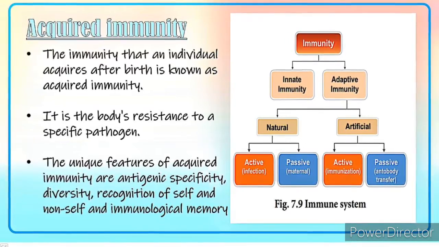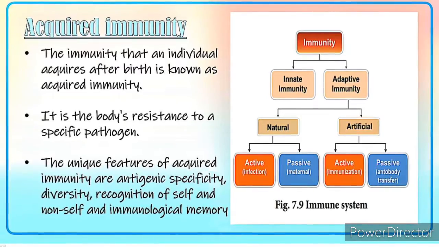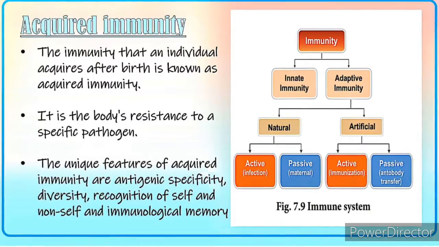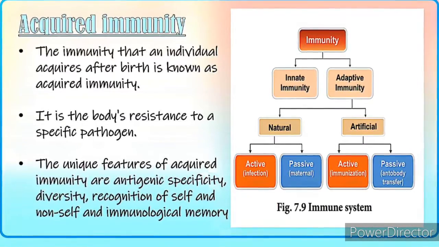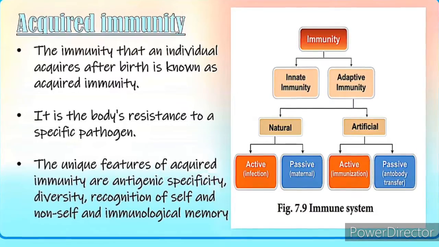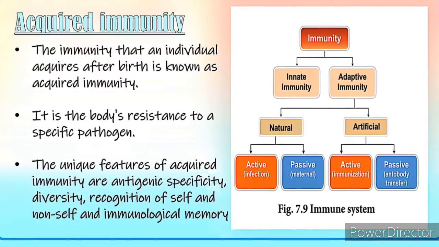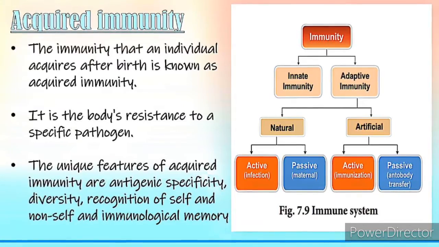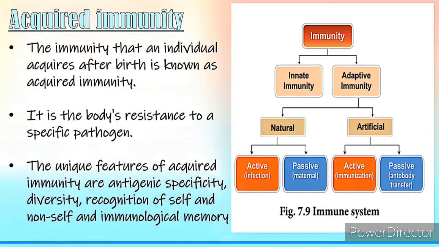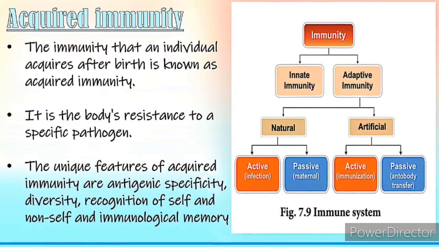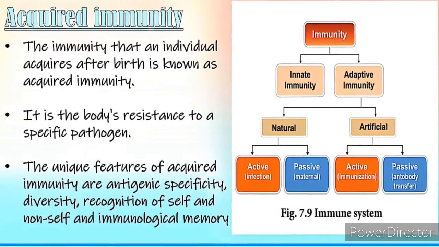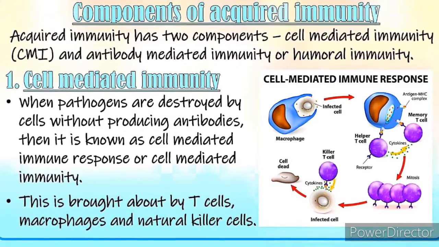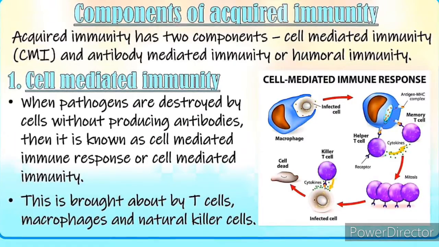It is the body's resistance to a specific pathogen, whereas innate immunity is non-specific. The specific features of acquired immunity, that is unique features, are antigen specificity, diversity, recognition of self and non-self, and immunological memory. Components of acquired immunity: there are 2 components, cell mediated immunity and antibody mediated immunity.